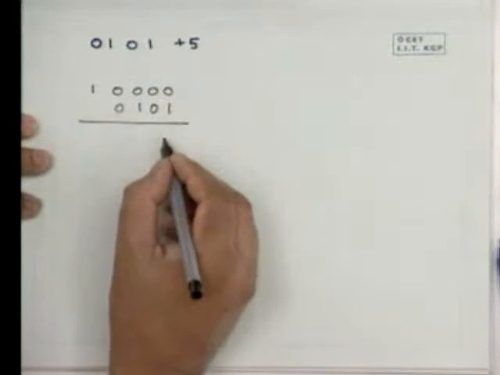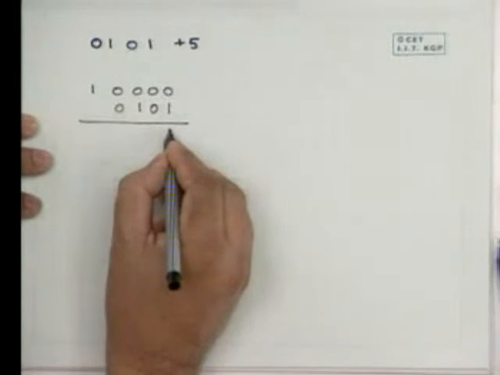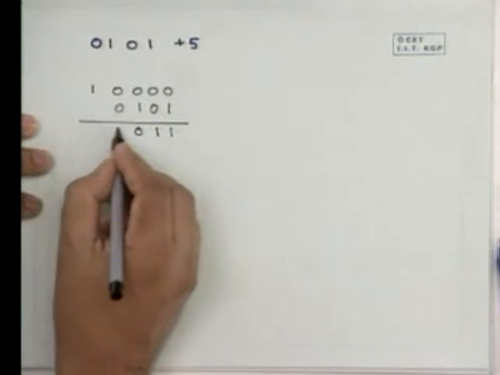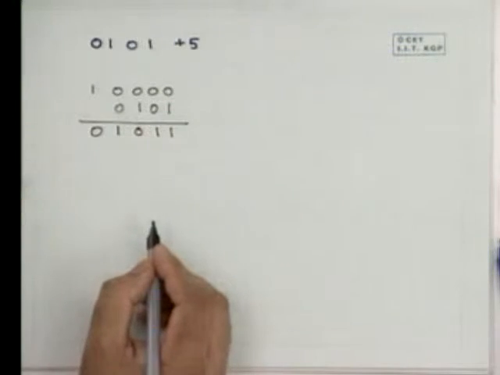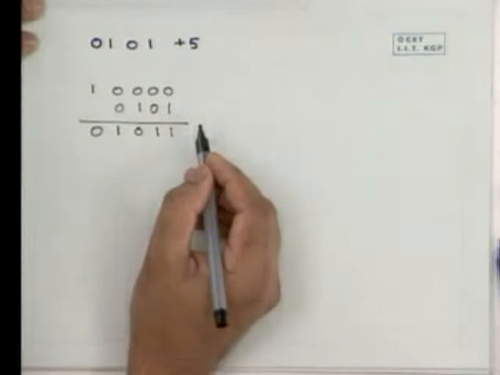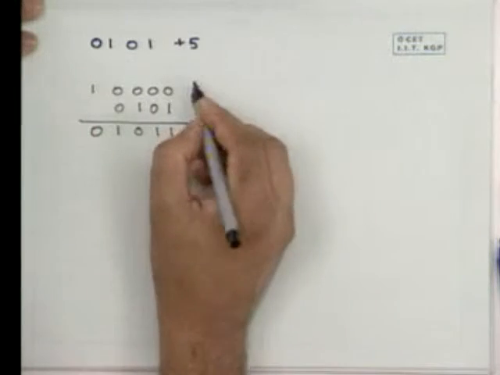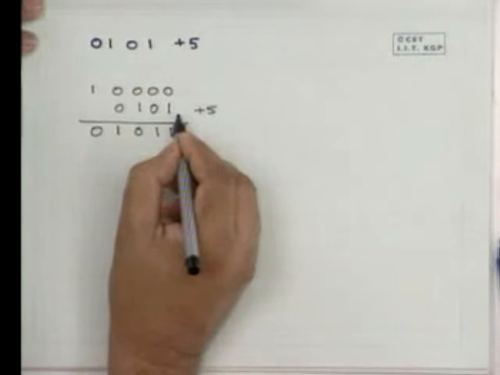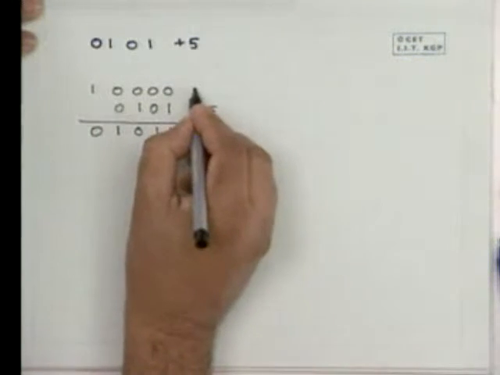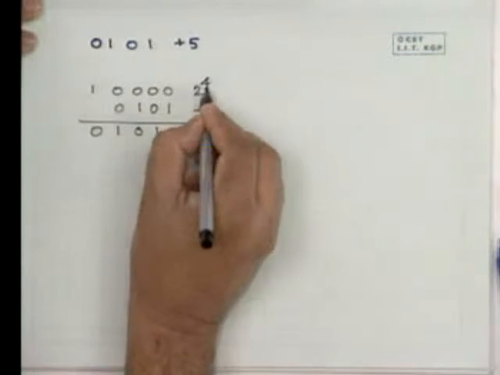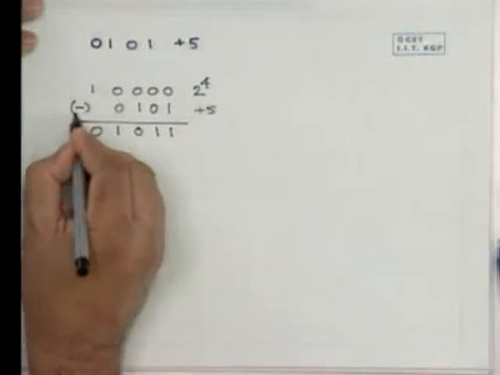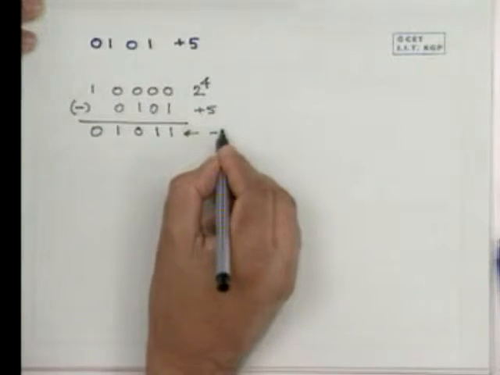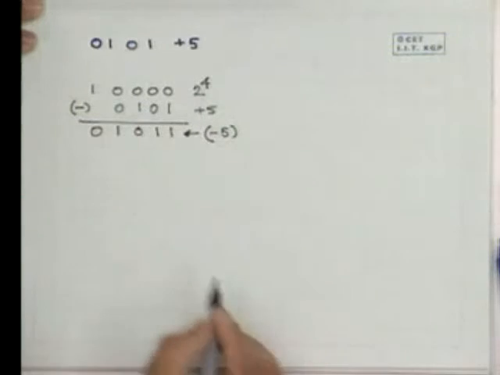What we get is 1 0 1 1, which means that we subtract the representation of plus 5 from 2 to the power 4, to get a representation in bits which we say is our minus 5.